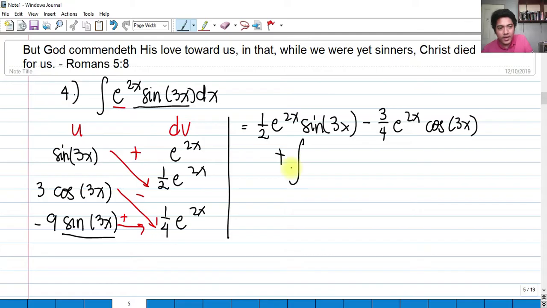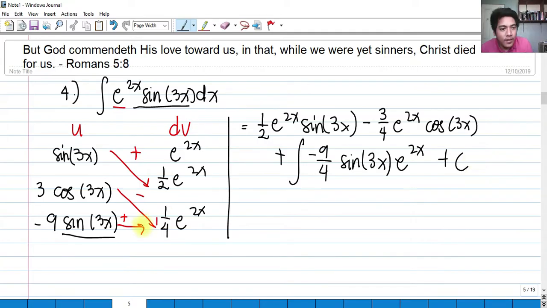Plus the integral, since we stopped here, we will be having an integral. The integral of negative 9 times 1/4, which is negative 9 over 4, sine of 3x multiplied by e raised to 2x, plus c.